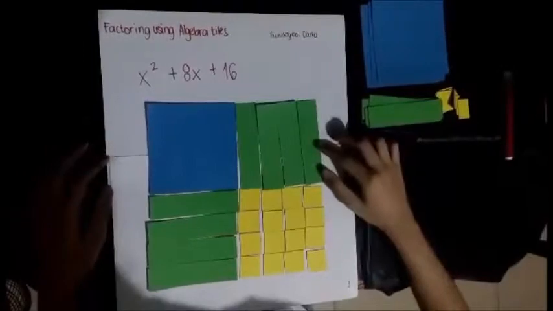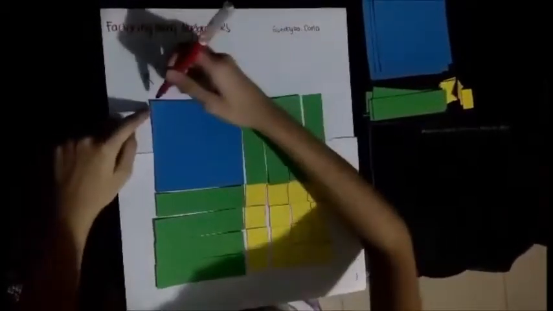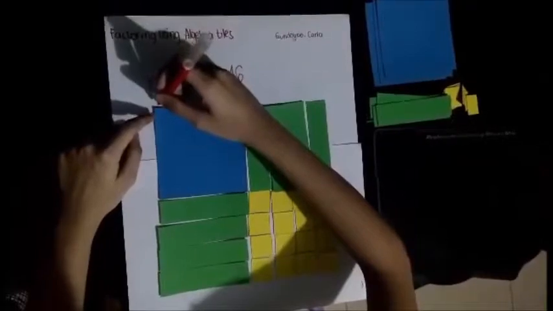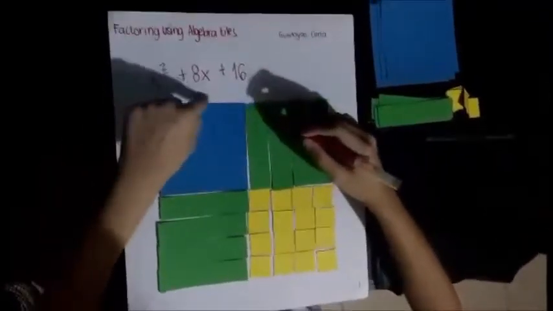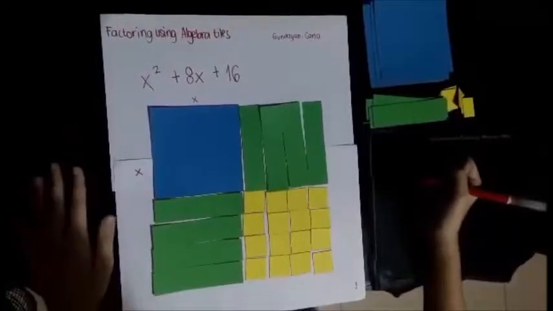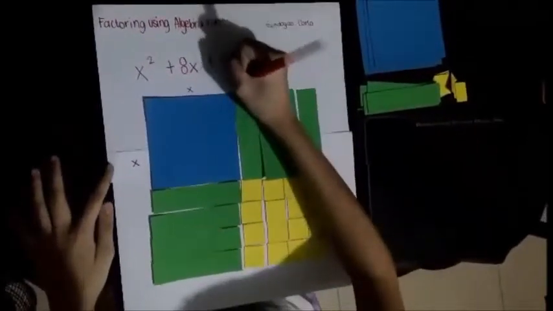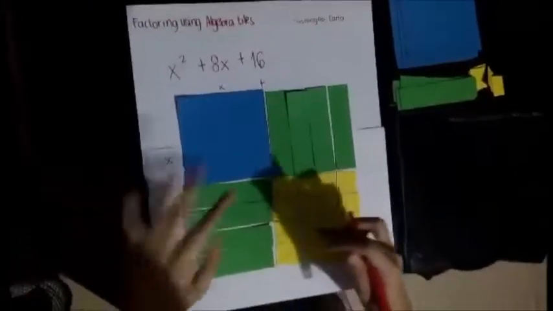So now that you have represented x squared plus 8x plus 16, we're going to get its factor. So as I said a while ago, the dimension of the x squared tile is x by x. So this will be x, and this will be x. Since both of them are positive, we're going to have addition. And the dimension of the green tile is 1 by x.